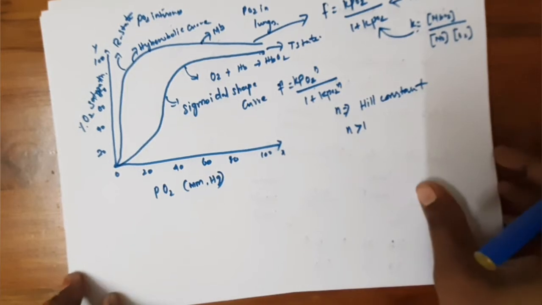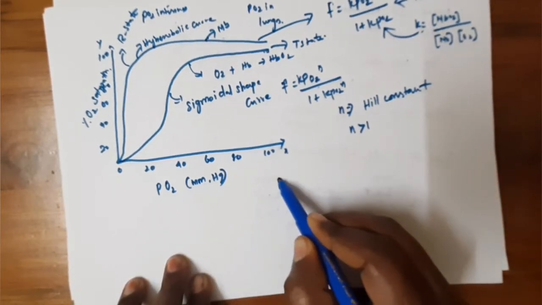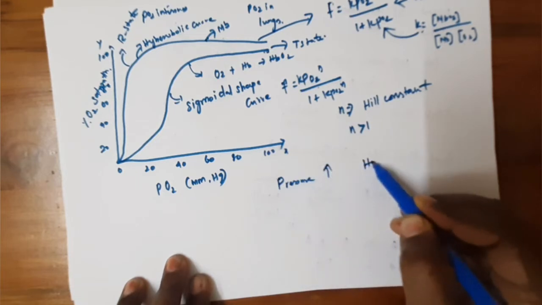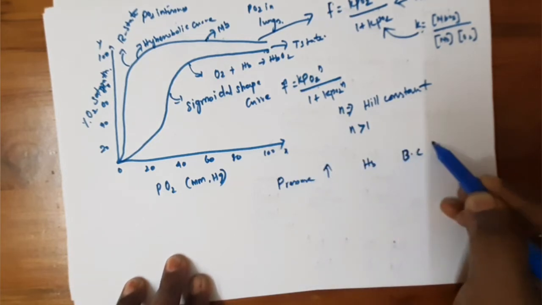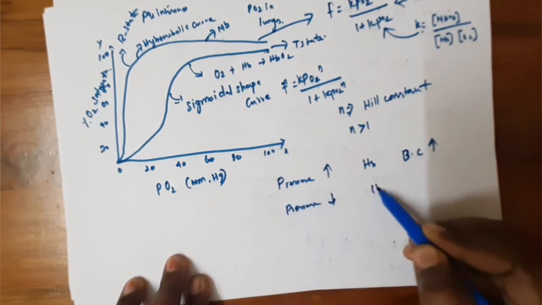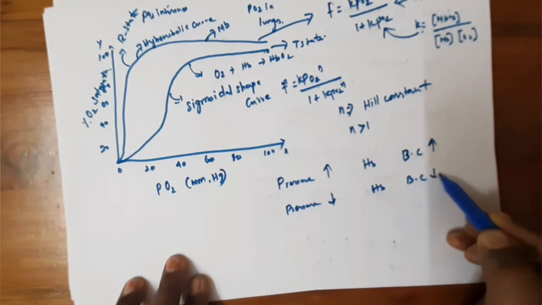Okay, so from this graph we can say that when the pressure increases, the hemoglobin binding capacity increases. When the pressure decreases, hemoglobin binding capacity decreases.